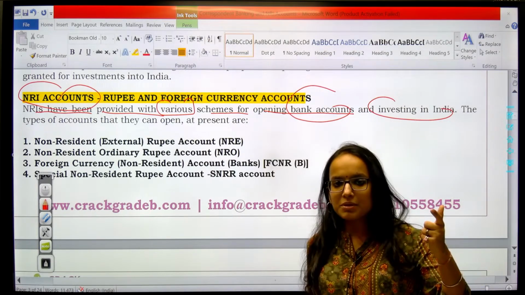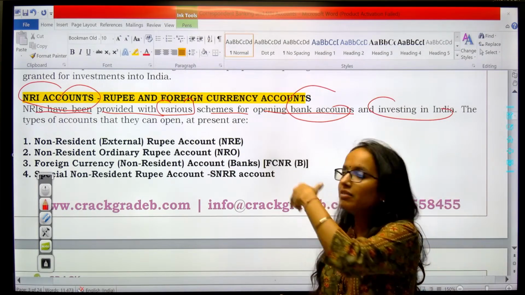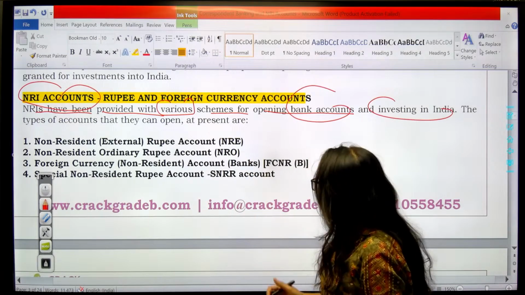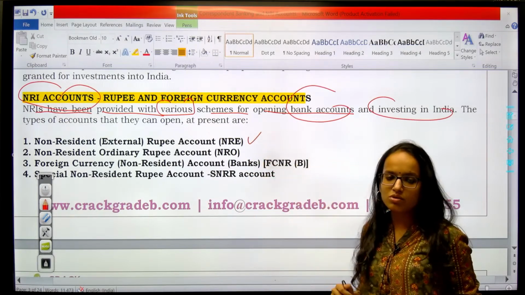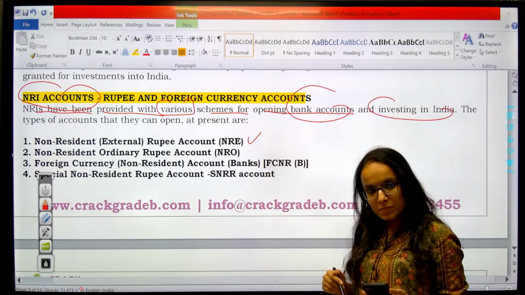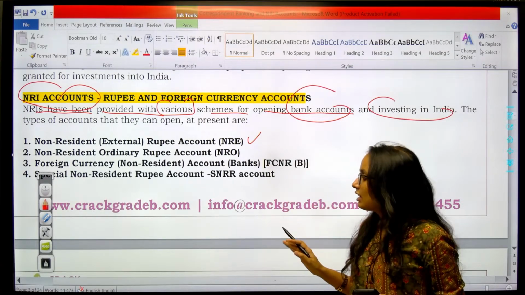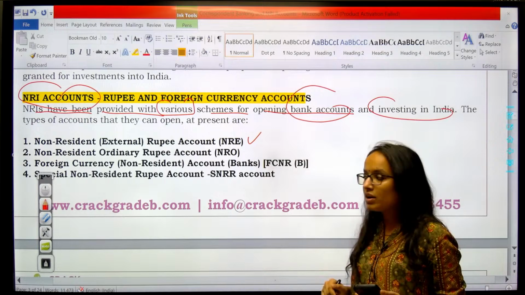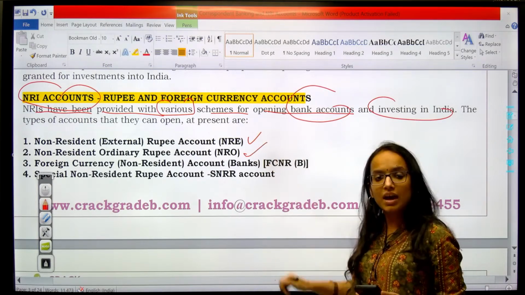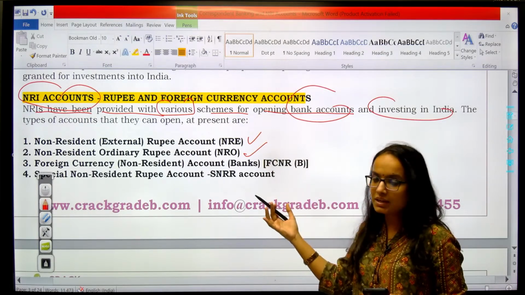So for banking purposes and investment purposes, they have certain accounts like the NRE account, which is your non-resident external rupee account. Rupee account means it will be in your Indian currency. Then you have the non-resident ordinary rupee account, which is your NRO, again a rupee account, so it will be in Indian currency.